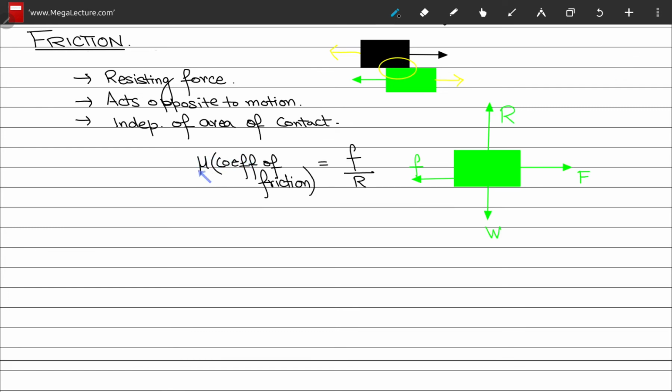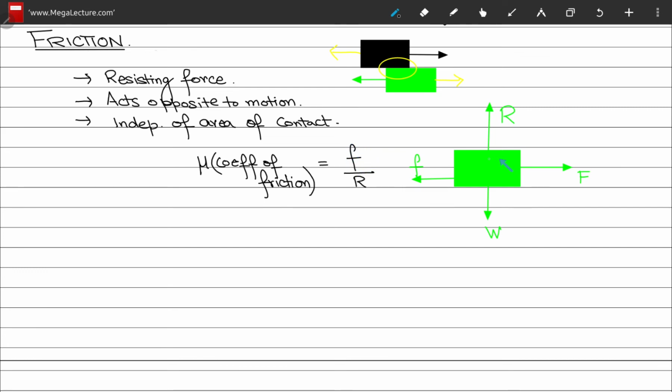Mathematically, we can define a term that is known as the coefficient of friction, and it is represented with the symbol mu. It is the ratio of the friction force to the normal or the reaction force, right? F is also known as limiting friction.